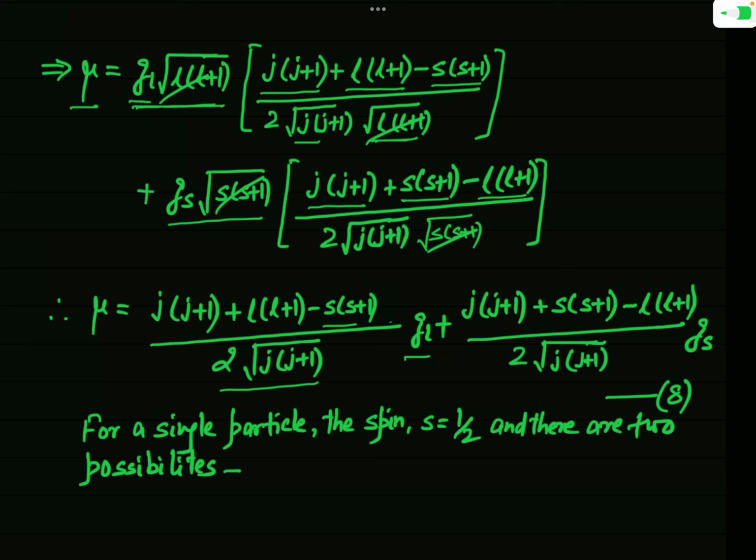GL remains here, so I have written here GL. And similarly, in the second term, there will be J into J plus 1 plus S into S plus 1 minus L into L plus 1 over this much into GS. Okay, so this is the magnitude of the magnetic moment of our nucleus.